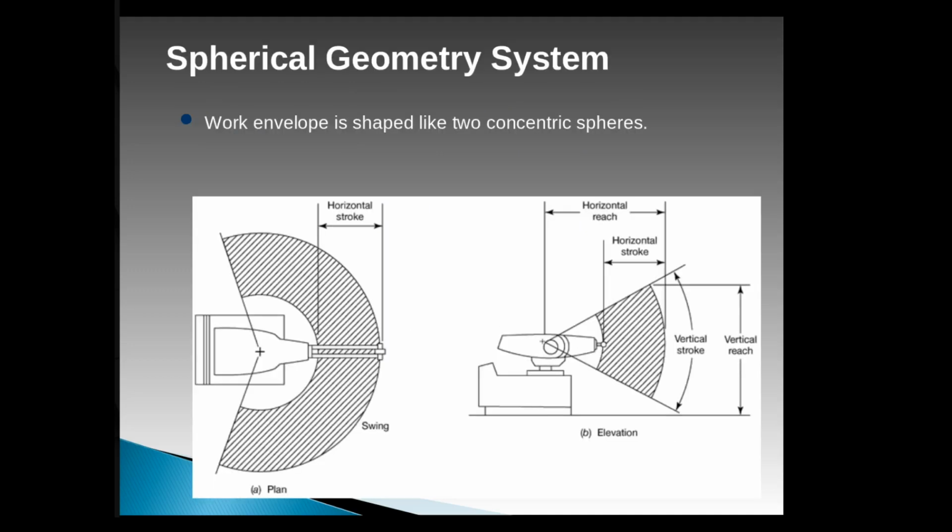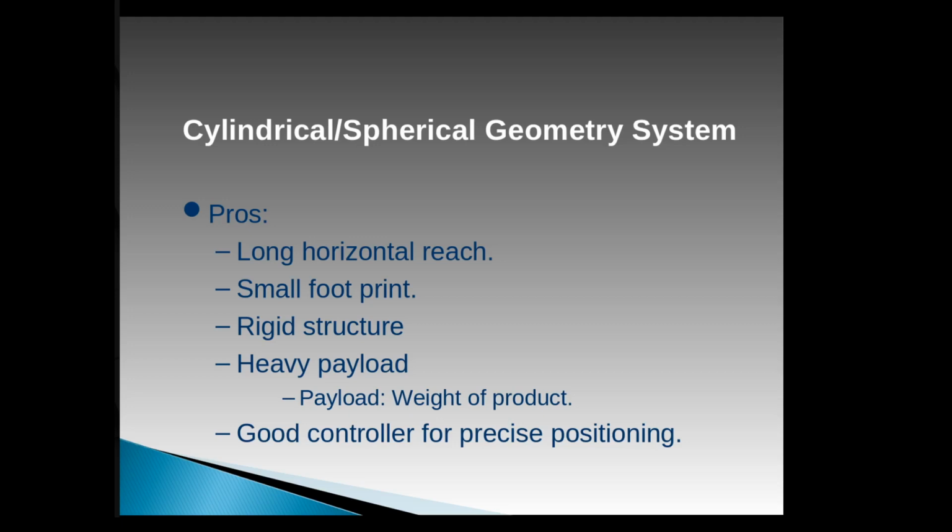Okay. There's a larger picture of that showing the work envelopes with a particular robot here, showing the shape as it reaches up and down. You can see the arch in that shape. Okay, so some of the advantages of these, they usually have long horizontal reach, small footprint, again rigid structure.